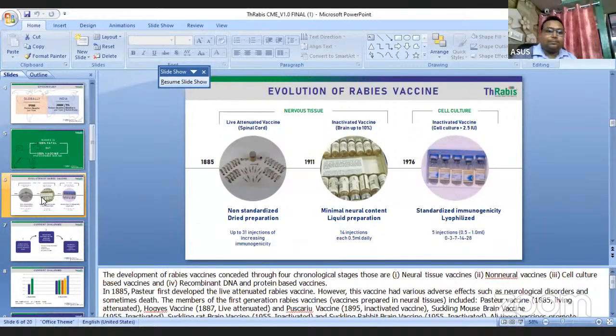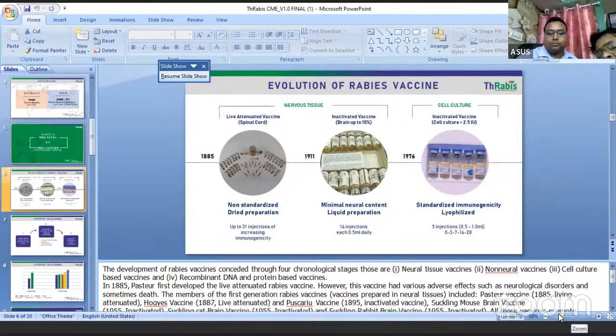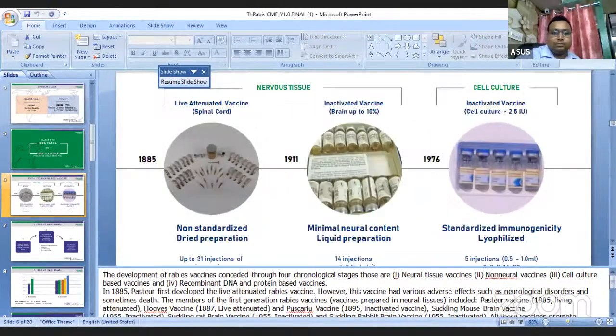Now we can see the 1880s to 1985 live attenuated vaccines, spinal cord, non-standardized dried preparations. They caused nervous system complications. Inactivated vaccines, brain up to 10%, minimal neural contact, liquid preparation.